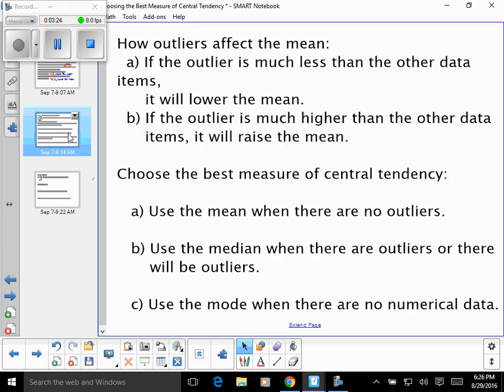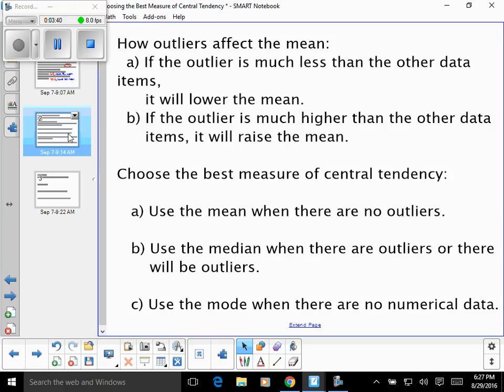If there are outliers, or there could be outliers, then you want to use the median. The ages of the people who belong to a church might be a pretty good time to use a median, because you're going to have some outliers.